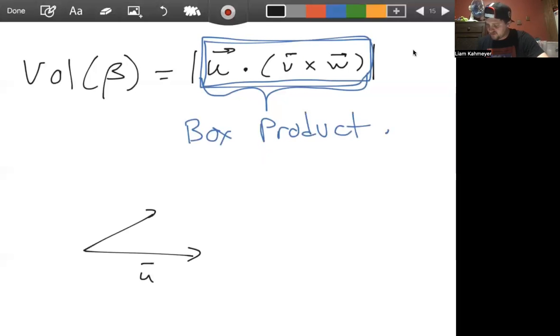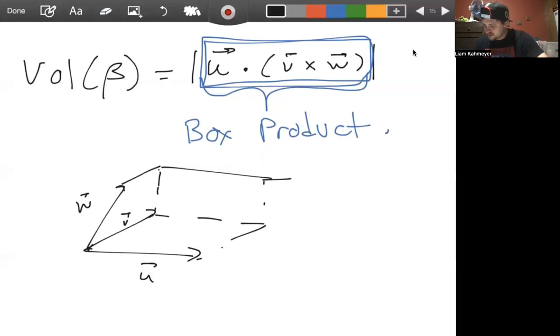So let's say we have vector u, vector v, and vector w. Okay, let me finish my picture here. That's terrible. Okay, so what's the area of the base parallelogram here?